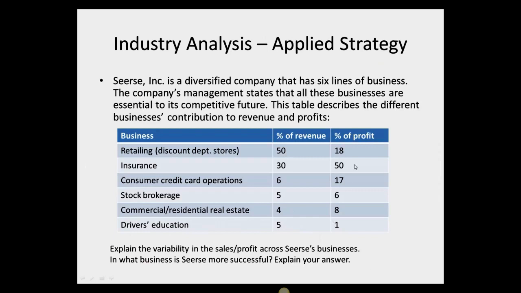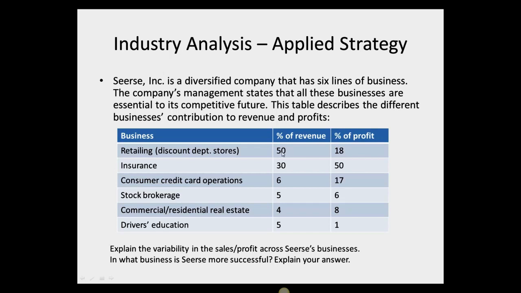When I ask this question, many times people will say, well, if you take the percentage of profit and divide it by the percentage of revenue, then you could see which is highest. In that case, that would be probably consumer credit cards, because 17 divided by 6 is the highest number among these. And then other people will say, oh, but it's the percentage of profit as a raw number that's most important. So they're more successful at insurance.